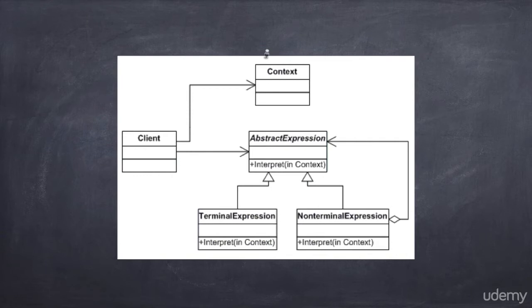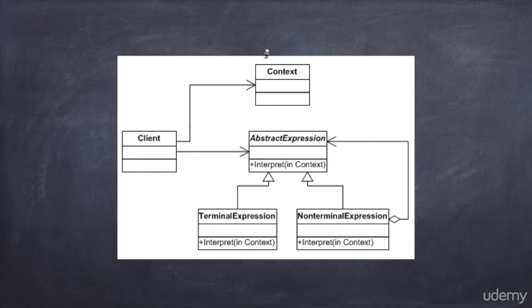To build a basic mathematical expression interpreter, all you need to do is create one terminal expression class for a numerical constant and four non-terminal expression classes for the plus, minus, multiply and division operators.